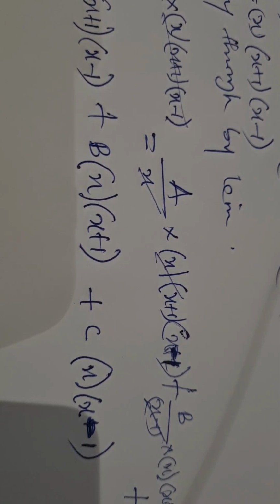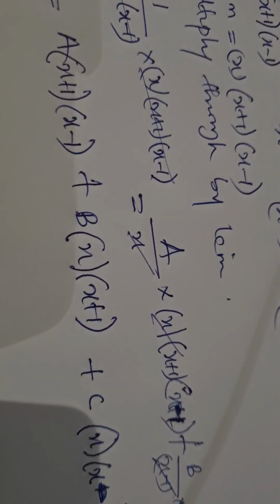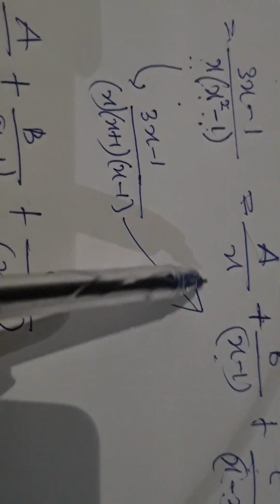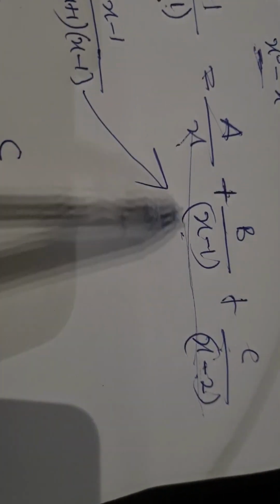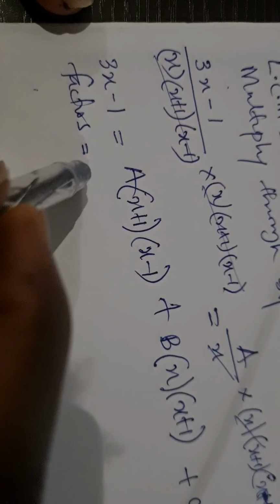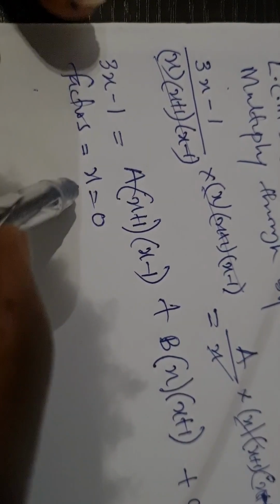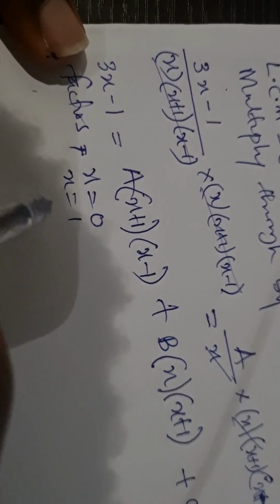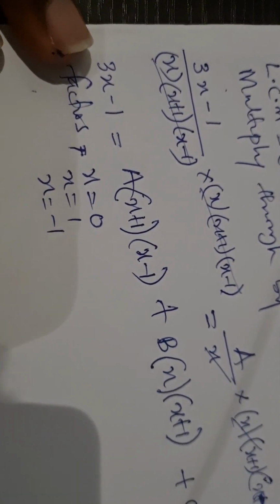So since we have done this, you know that the factors we got here were all of this, right? These are the factors, these three. So the factors here, we have x is equal to 0, right? x is equal to 1 and x is equal to minus 1.